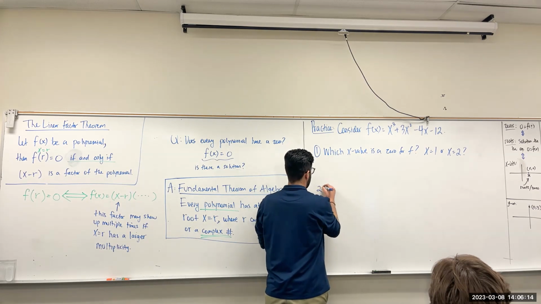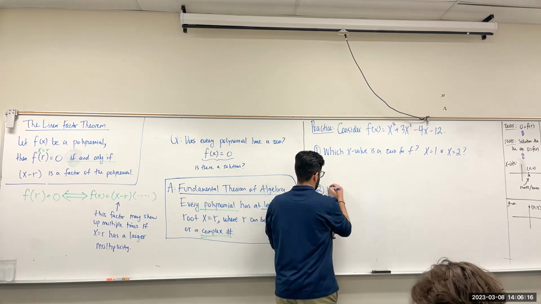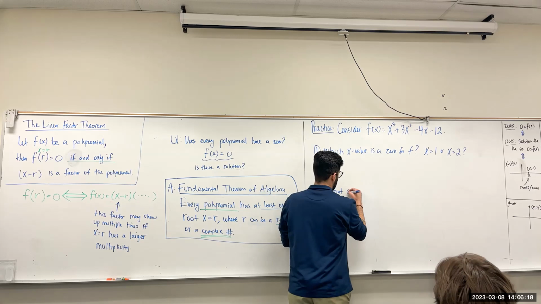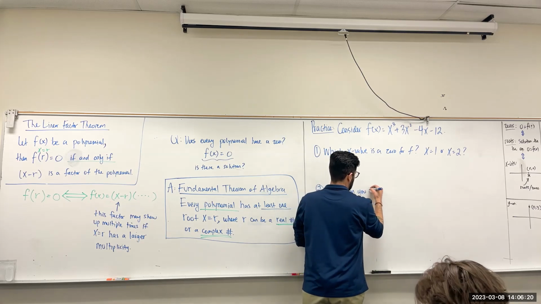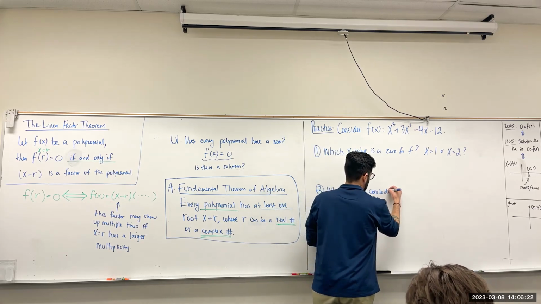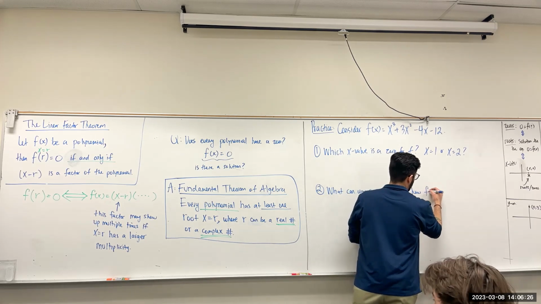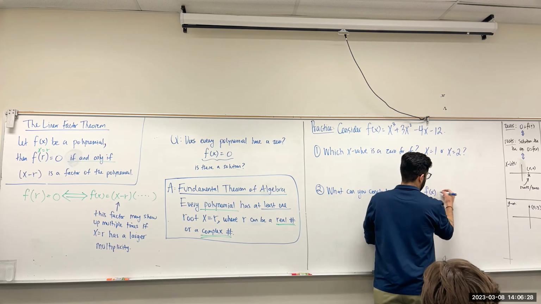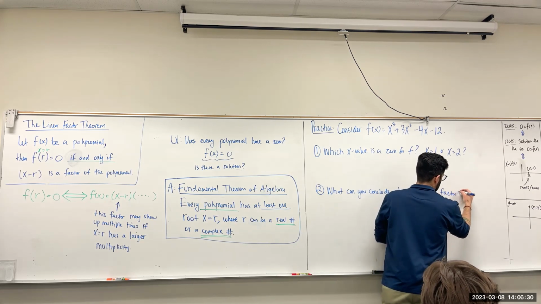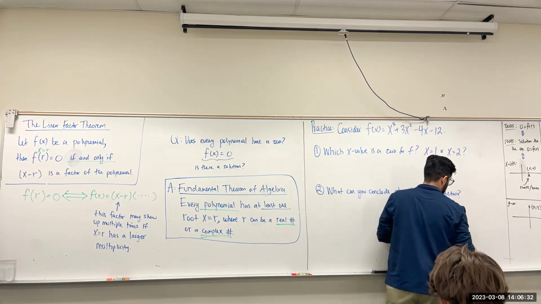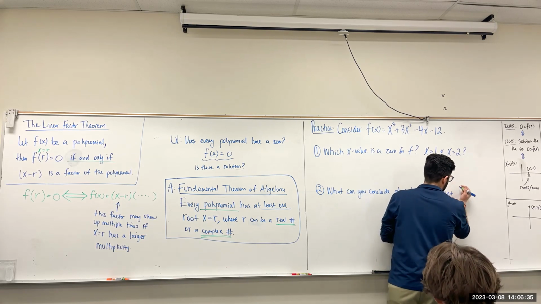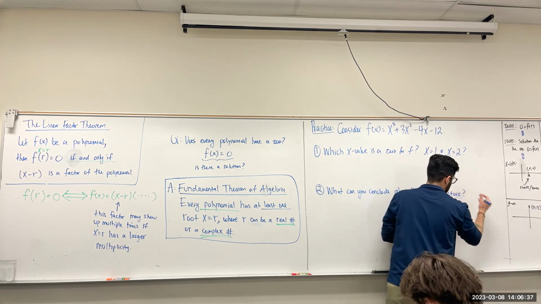And then once you've checked that, what can you conclude about how f of x factors? If I was to factor it, what can you conclude about how it'll look like?